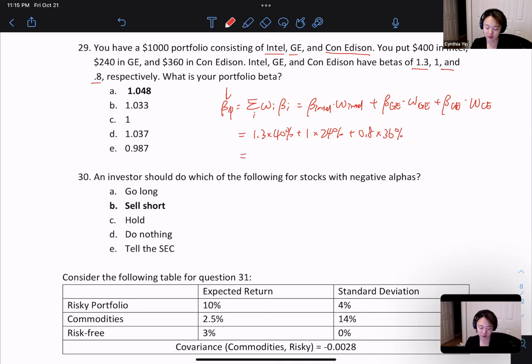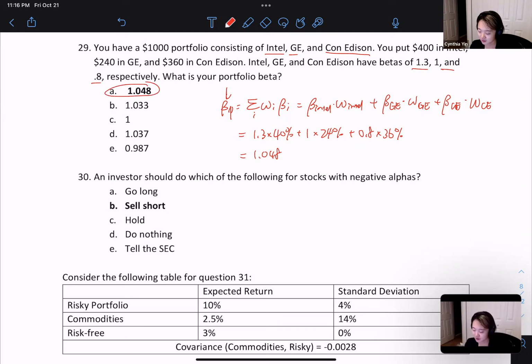Let me double check the answer, although I think I did it earlier. Yeah, the answer is 1.048. This is pretty straightforward. But it's a detour. The answer is A, nothing to say about that.